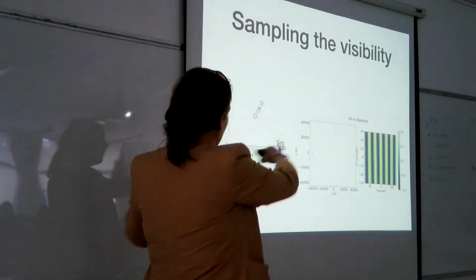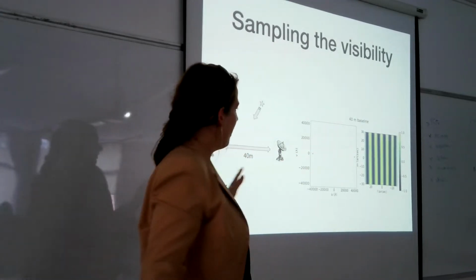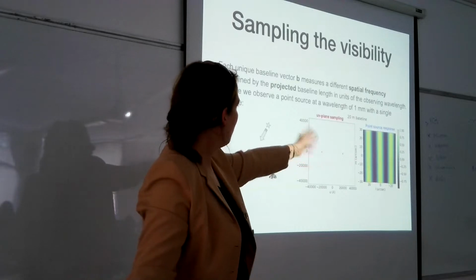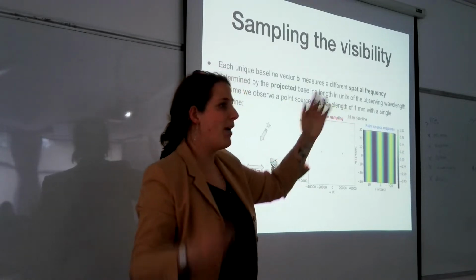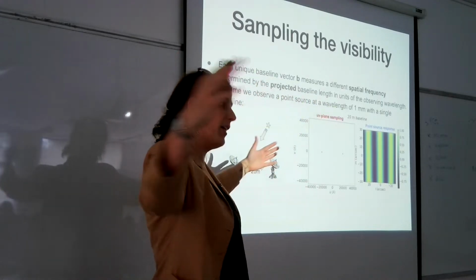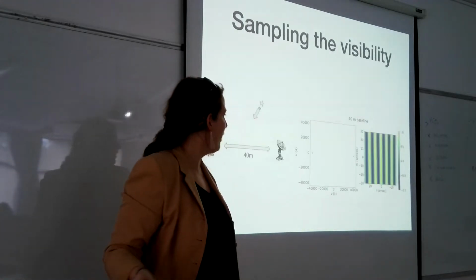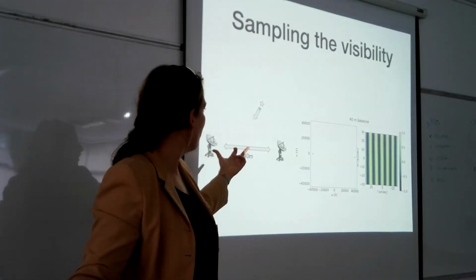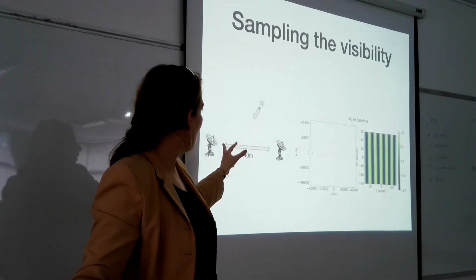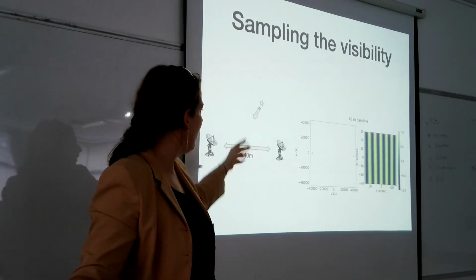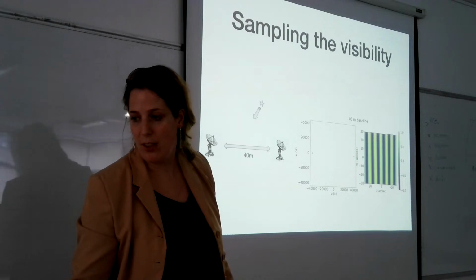If we increase the baseline, you can see the fringes, the sine pattern, just becomes more narrow because essentially we're able to measure a smaller separation.